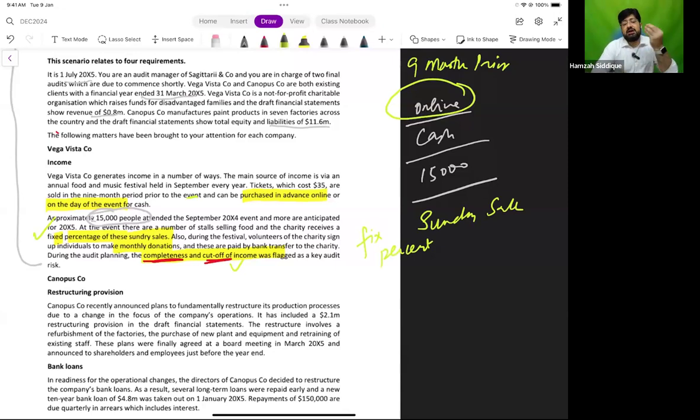I have to identify the points on which we can write the procedures. Then there are donations.